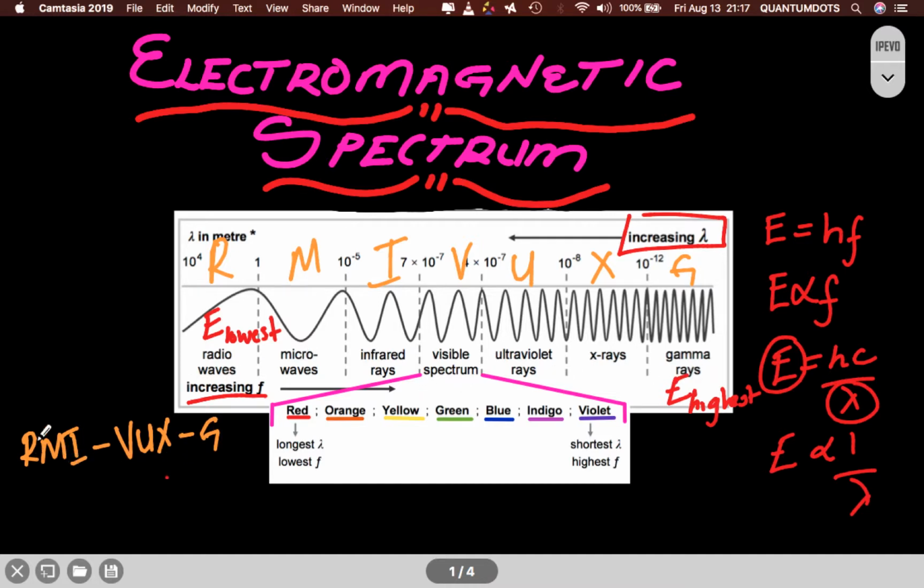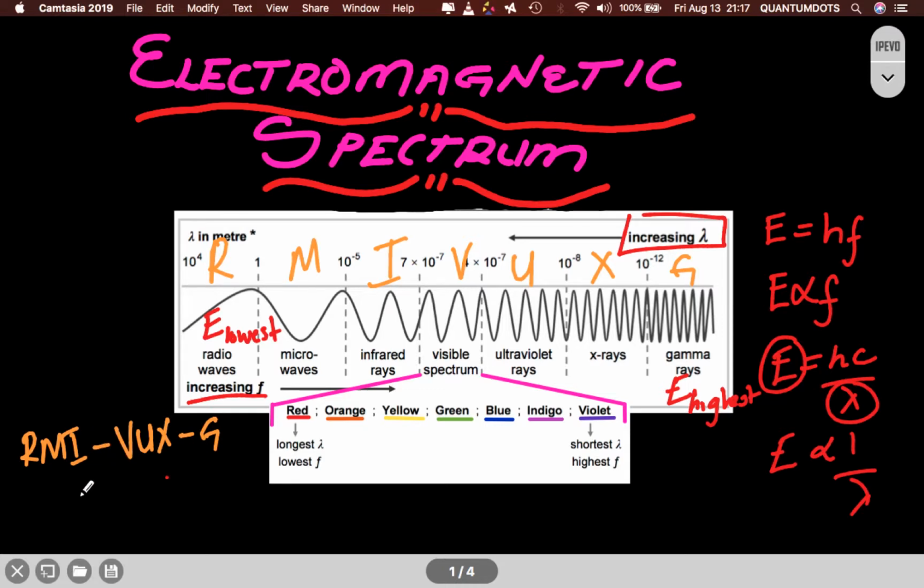And you can expand this where R represents the radio waves, M the microwave, I the infrared, V the visible, and then U the ultraviolet, X-rays, G gamma rays.